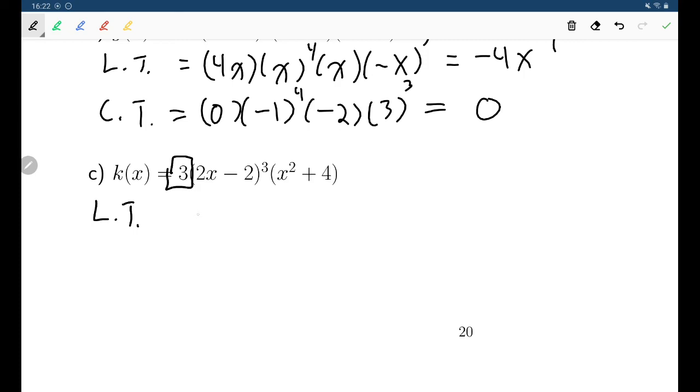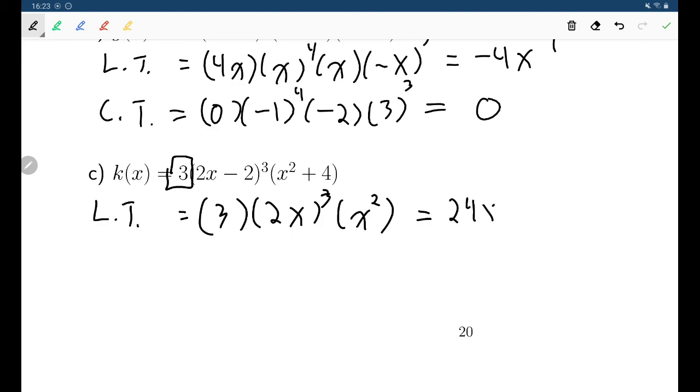That's a constant factor, and the leading term there is 3. In the second factor, the leading term is 2x. In the last factor, the leading term is x squared. And then now we just need to multiply that out, and that gives us 24x to the 5.